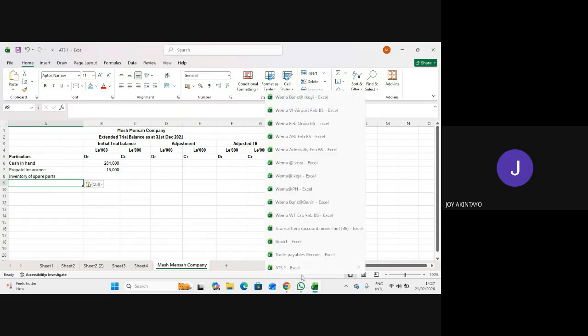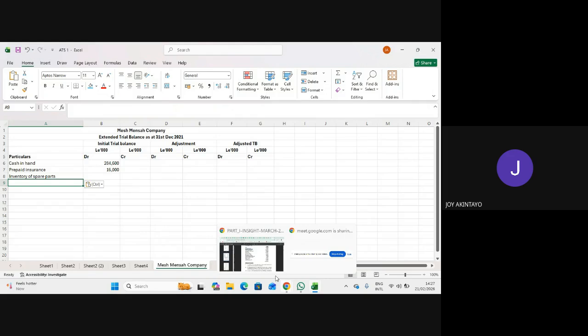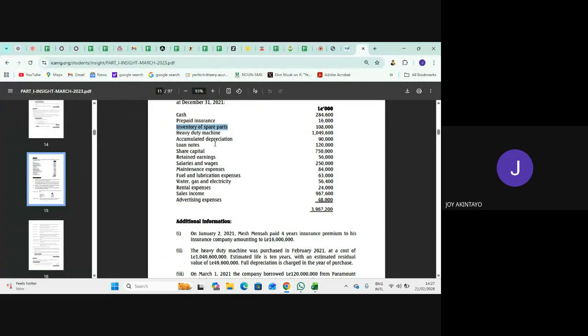So the next thing, heavy duty machine. Inventory happens to be our asset. Are we together? They are goods purchased that are intended for resale. The company has the intention of selling them, so it is an asset to the company.